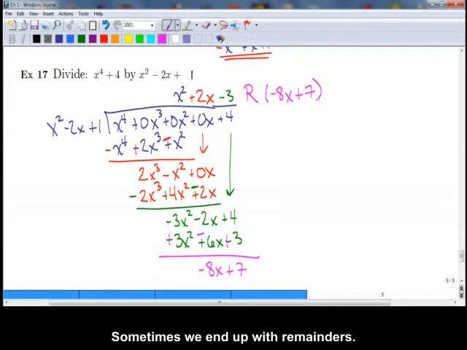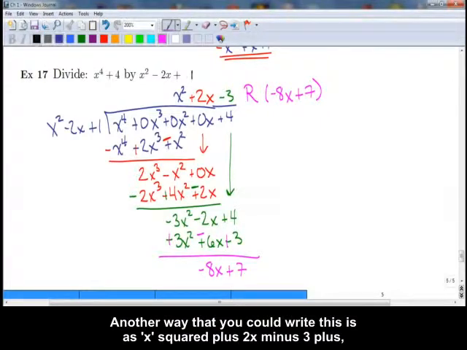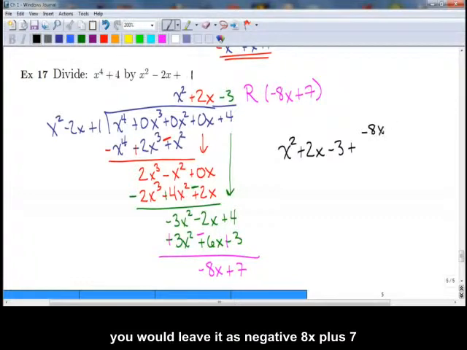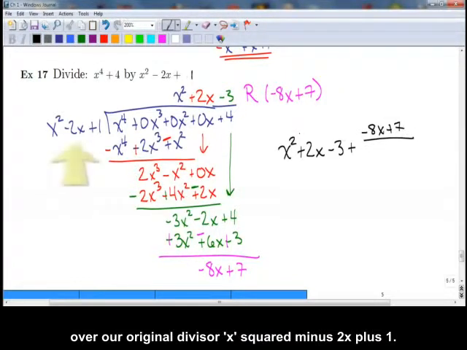And that's perfectly fine. Sometimes we end up with remainders. Another way that you could write this is as x squared plus 2x minus 3 plus, you would leave it as negative 8x plus 7 over our original divisor, x squared minus 2x plus 1.